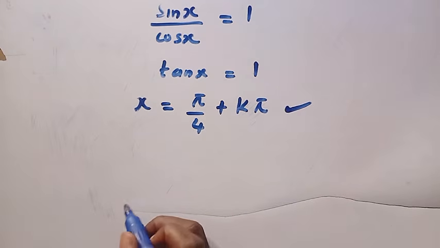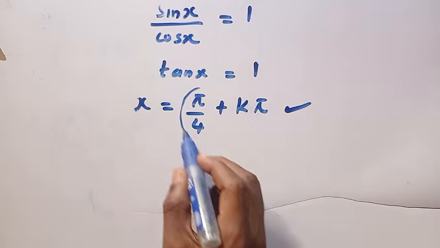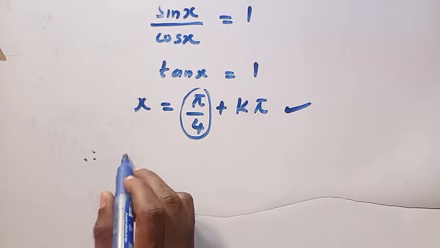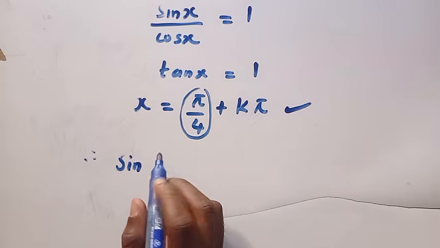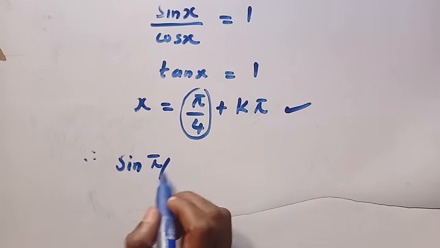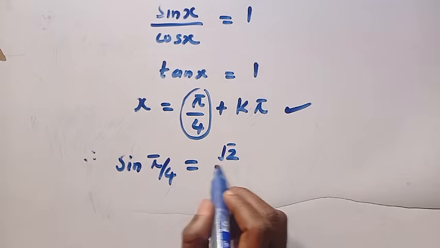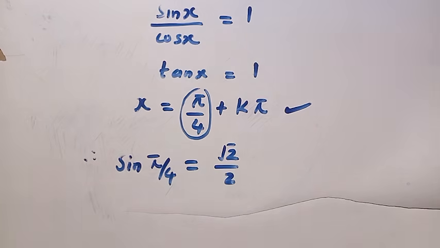Let's try and substitute. Since x equals pi divided by 4, if we substitute there, we are going to have sine of pi over 4. This is just square root of 2 over 2. That is, sine 45 is root 2 over 2.